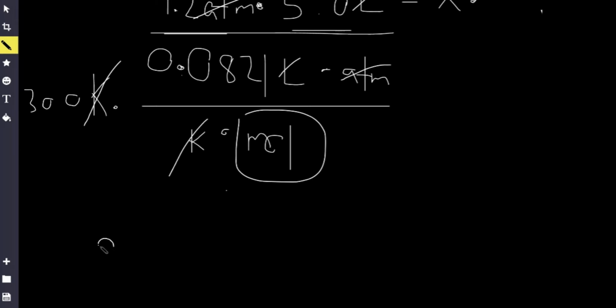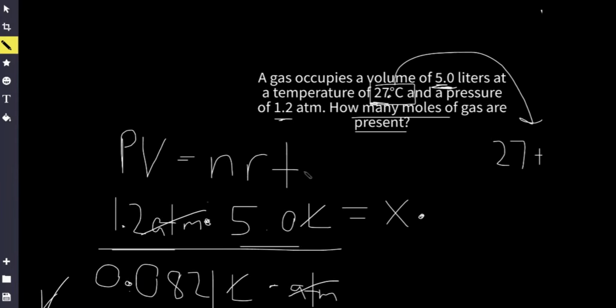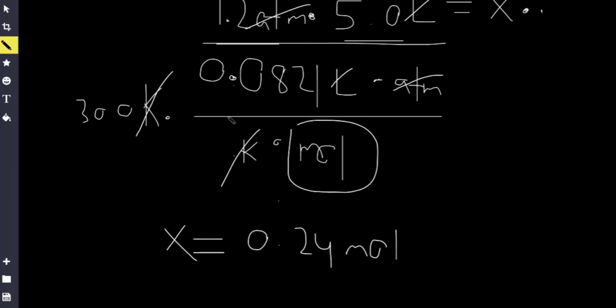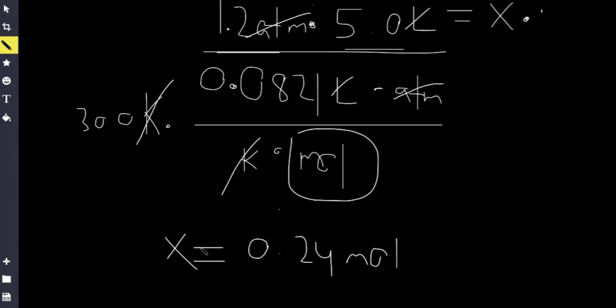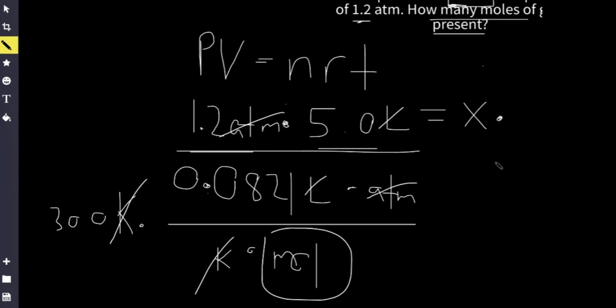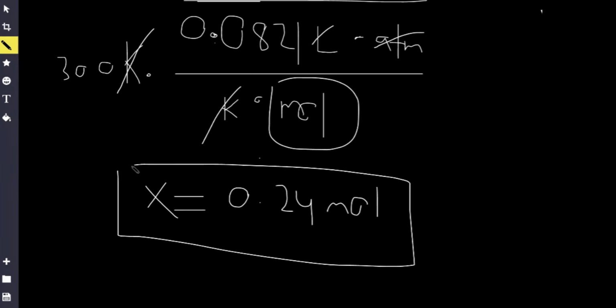So x equals 0.24 moles of gas. If you plug all this into the calculator, you're going to get x equals 0.24 moles of your gas, and that's going to be your answer, rounded to 2 digits.